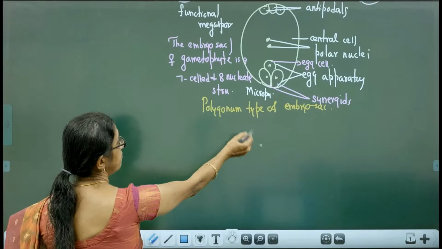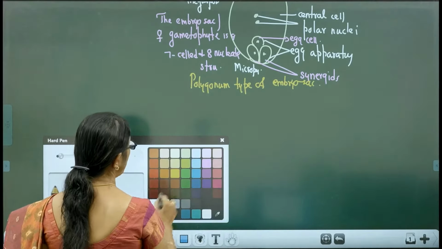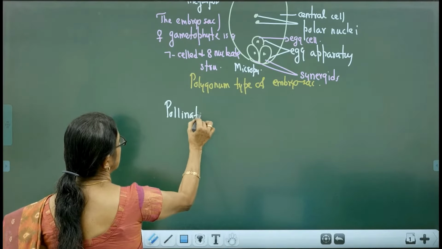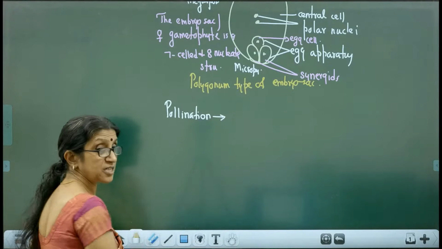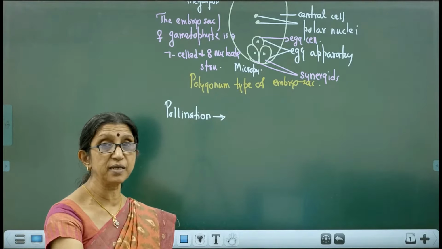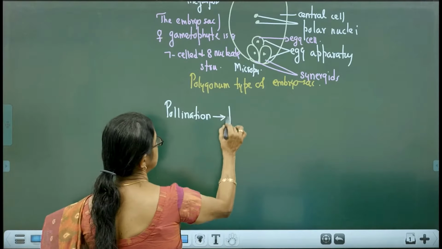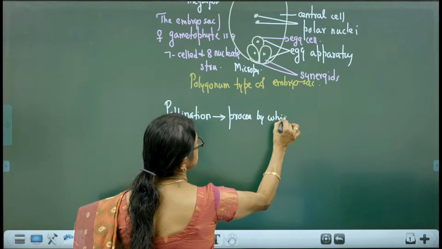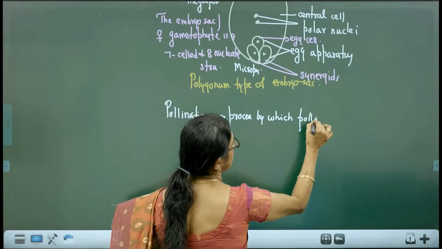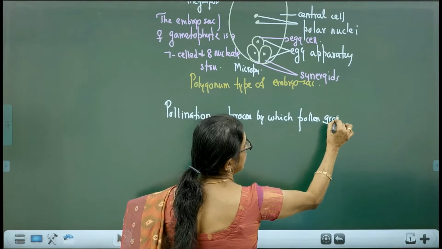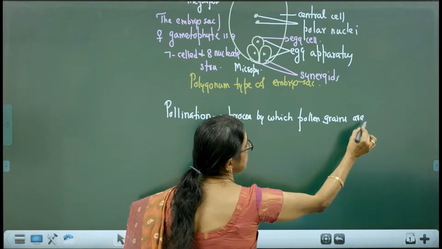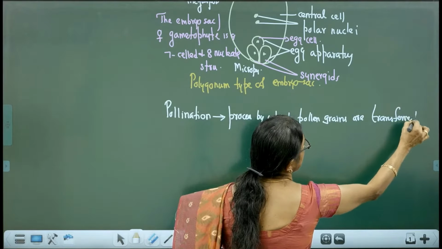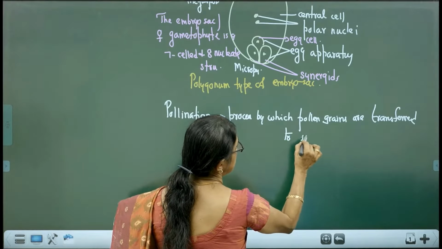The next is pollination, the process by which pollen grains are transferred to the stigma.